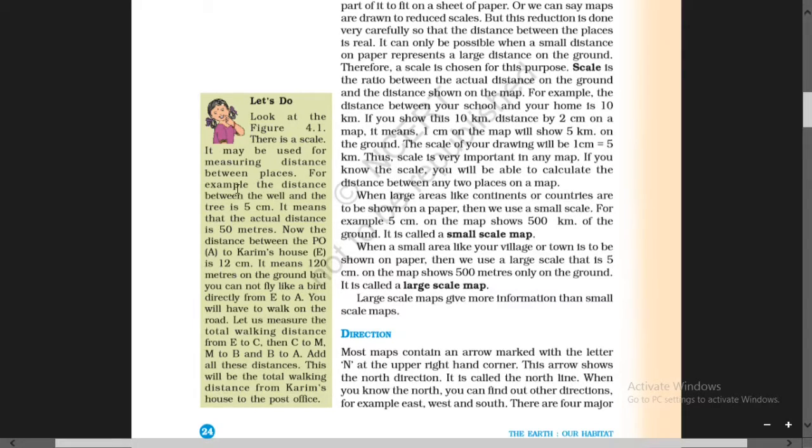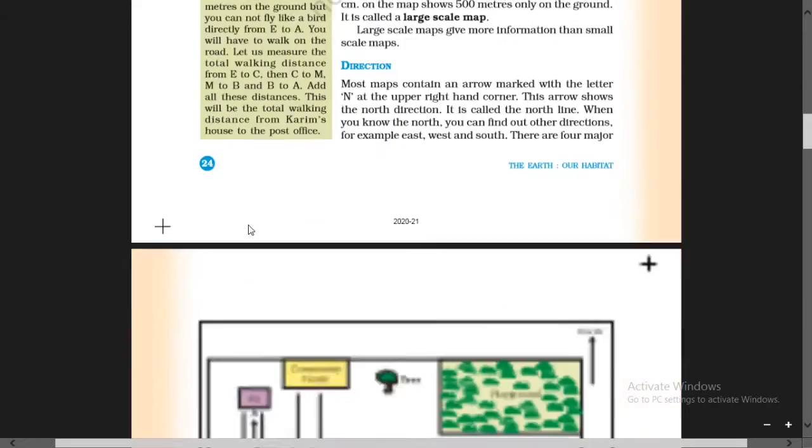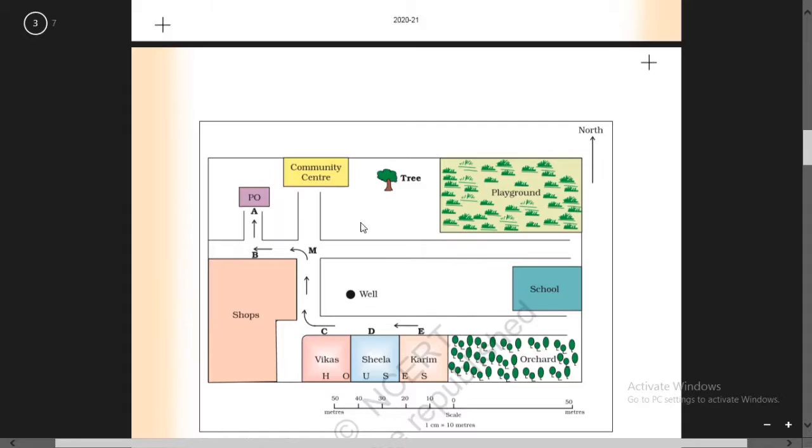For example, the distance between the well and the tree is 5 centimeters.